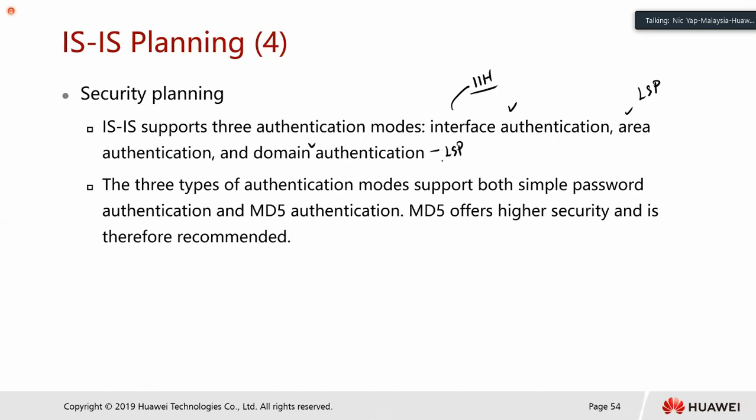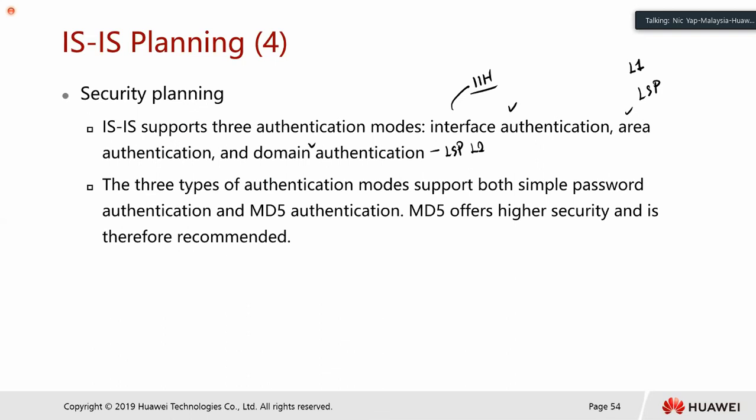The difference between area and domain: area is for level 1 LSP, and domain is for level 2 LSP. So let's say you're running all level 2 routers, you have to enable level 2 LSP authentication as domain authentication. If it's purely level 1, you can just use area authentication.